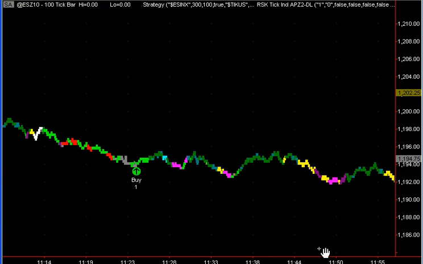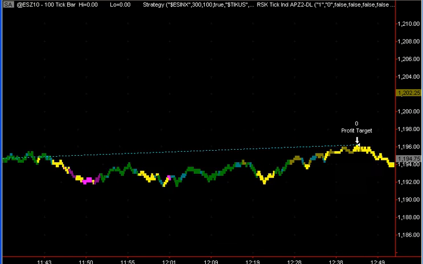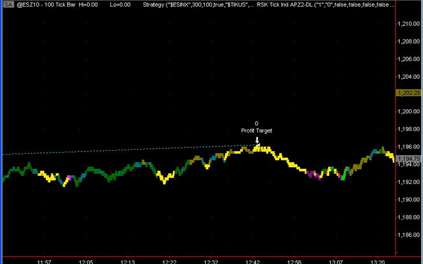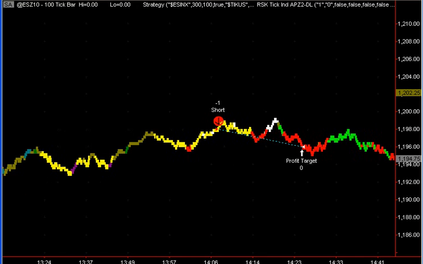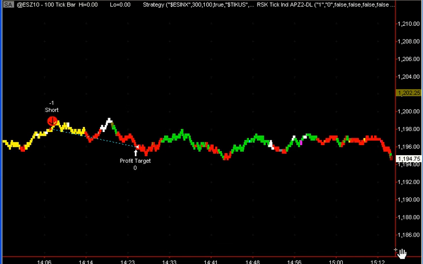Now that has a bit of a drawdown itself, but ultimately it hits its profit target, and we don't get any of the sell signals until the afternoon. And it hits its profit target as well. That was it. Not a lot of trades, but the trades performed. It was good.